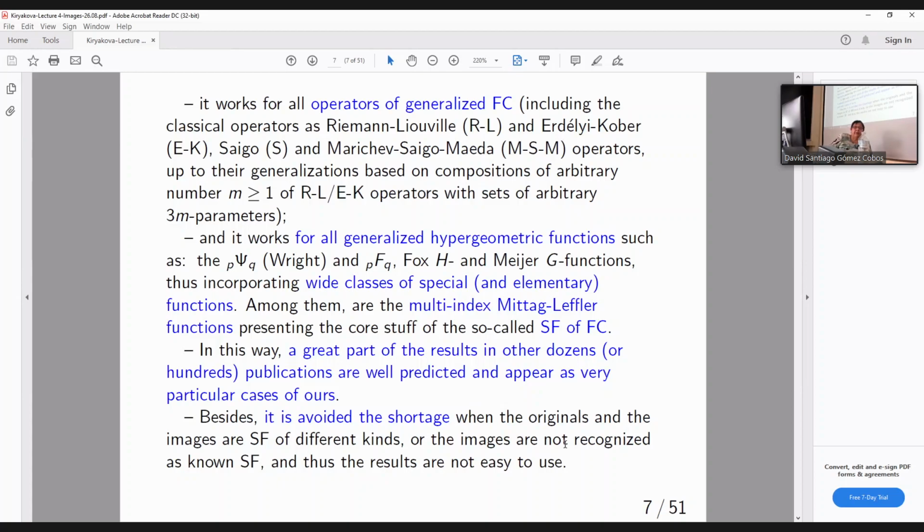When you change the special functions, you can produce another 100 variations and papers saying this is a variation of the image of such a function. But most of these functions are multi-index Mittag-Leffler functions, or Wright generalized hypergeometric functions, and in the general case the Fox H-function. So all this can be done in one scheme, very easy to comprehend.